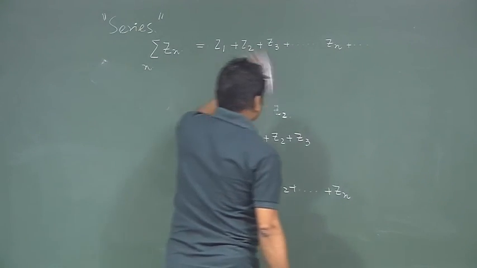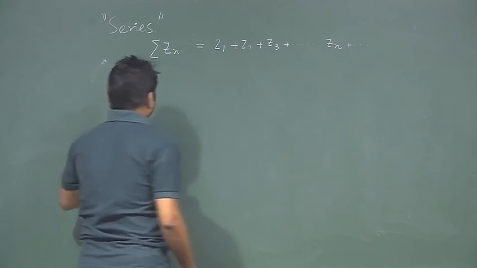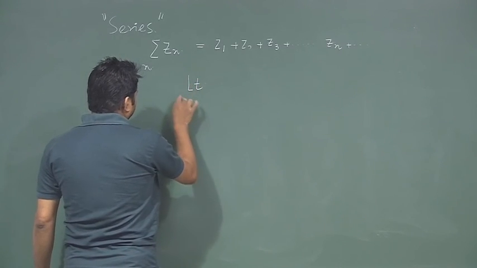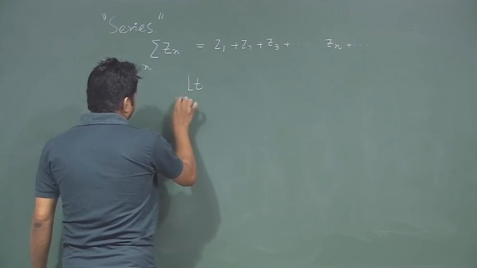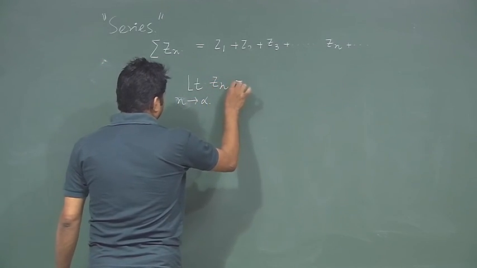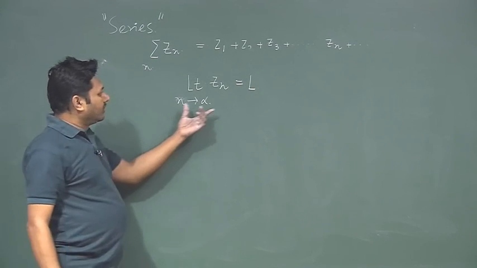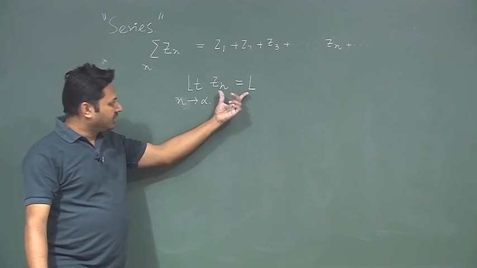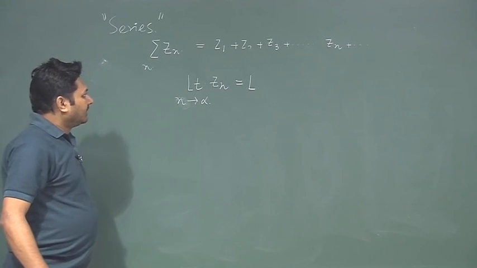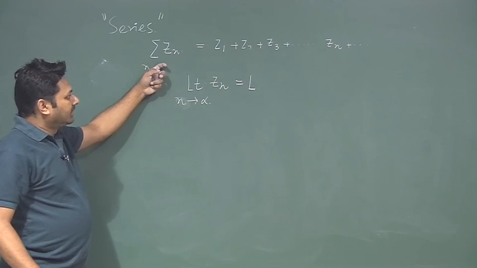Again, if the limit as n tends to infinity of the nth term Zn of this sum goes to some value, say Zl, then we can say that this sum is convergent.